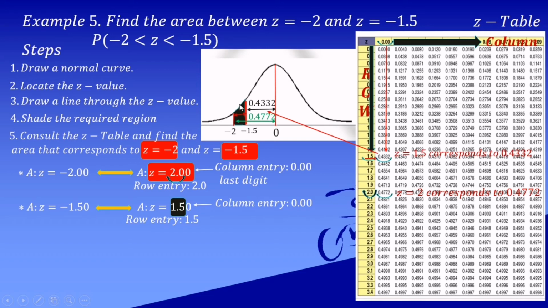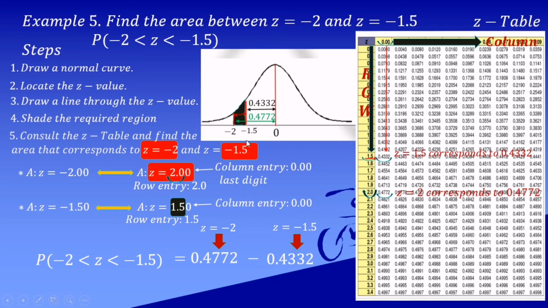So, now, how do we get the shaded region between negative 2 and negative 1.5? Since the area of Z equal to negative 2 is 0.4772, we're going to subtract the unshaded region, from Z equal to negative 1.5, which corresponds to 0.4332.